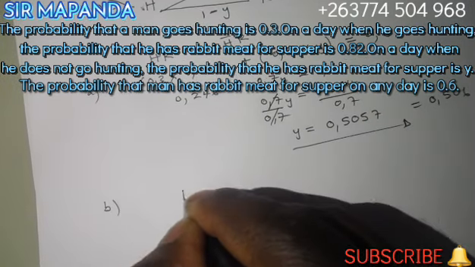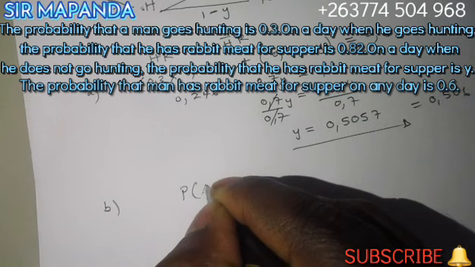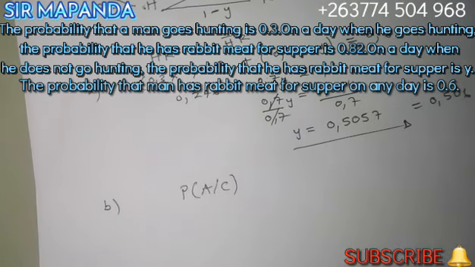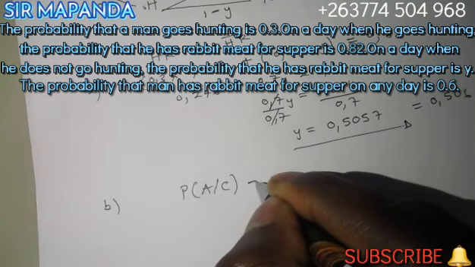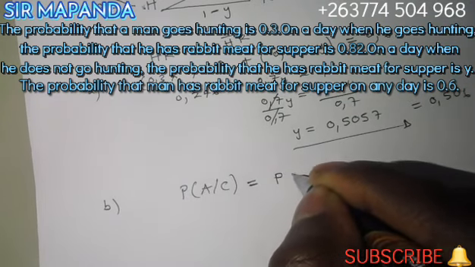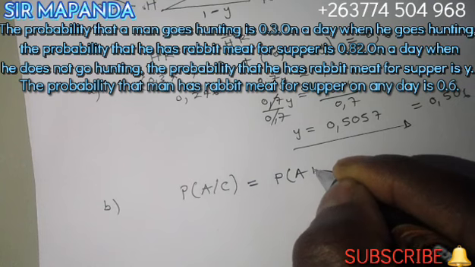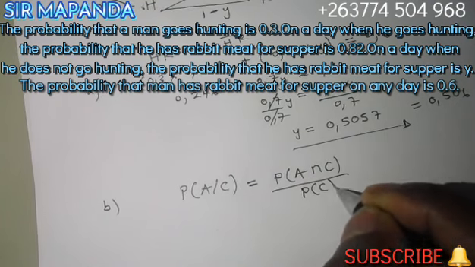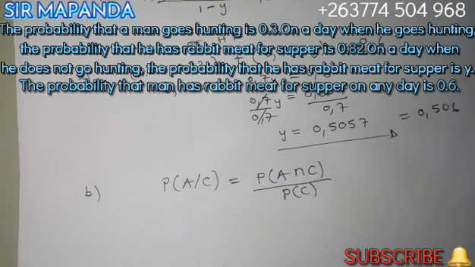So conditional probability formula, it says that A is the asked probability and C is the conditional probability. If you are to expand this, you get probability of A intersection C divided by probability of C, the conditional probability.